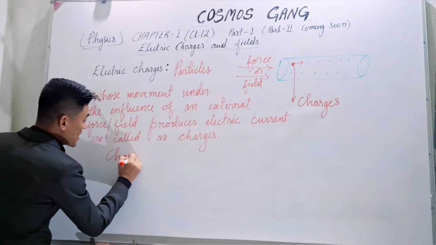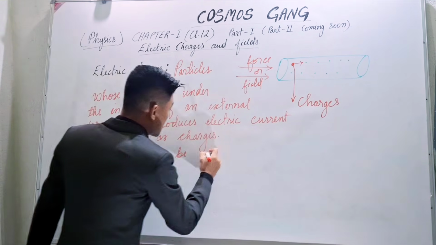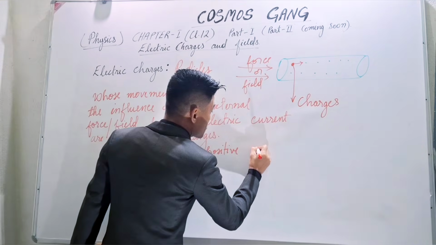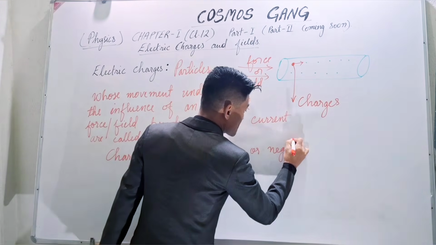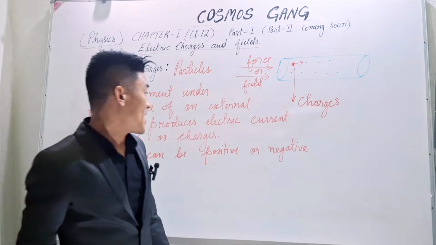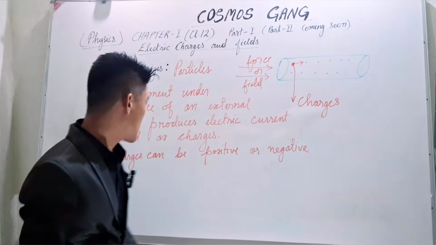Charges can be of two types, that is, positive or negative. Let's take an example of positive charges and negative charges.